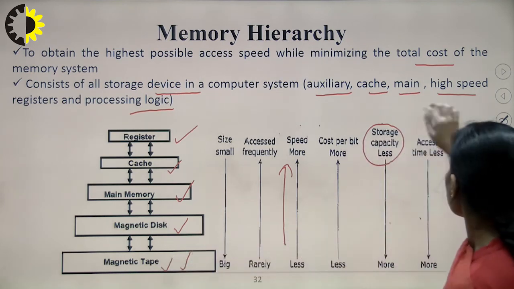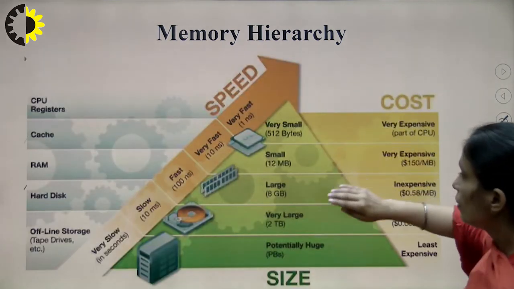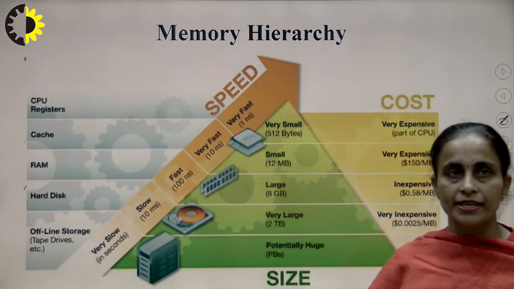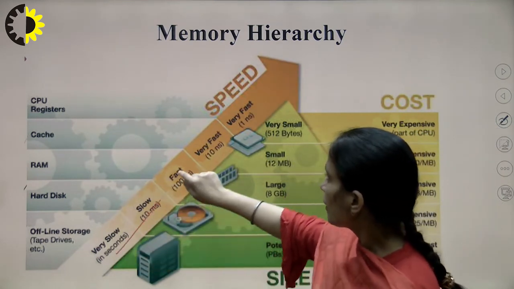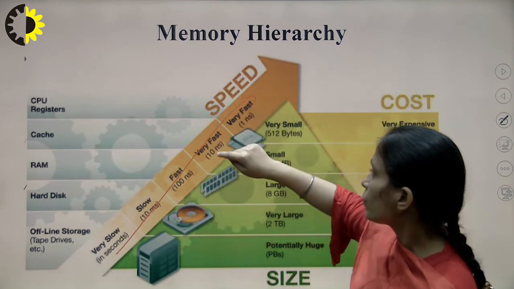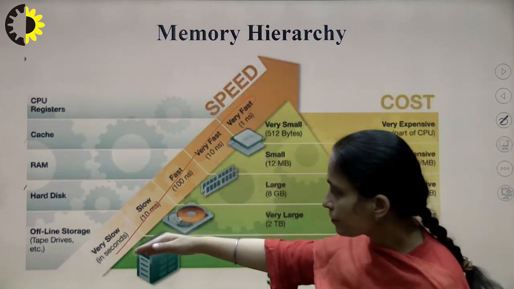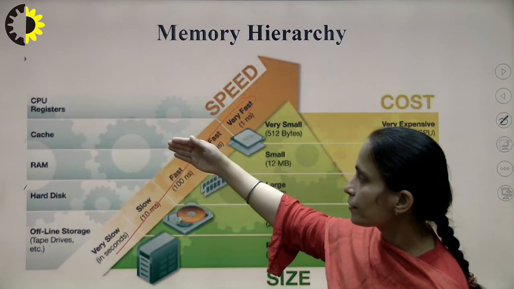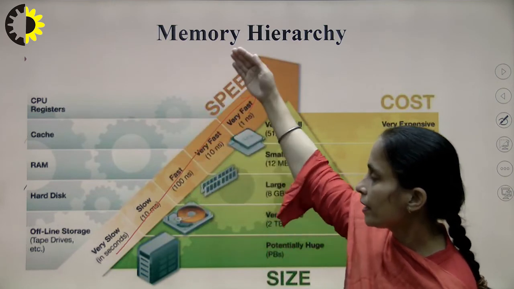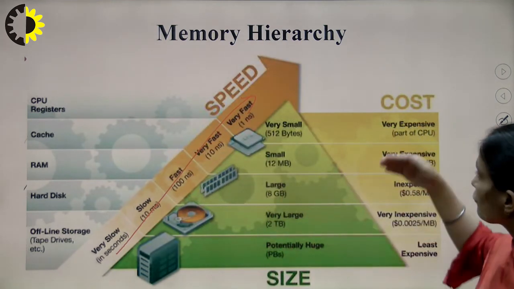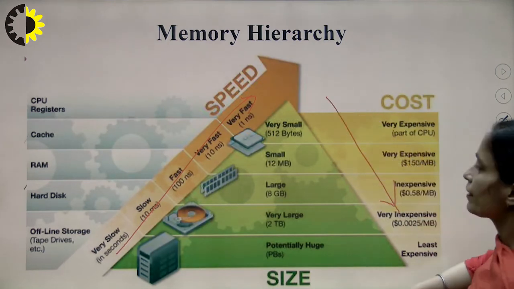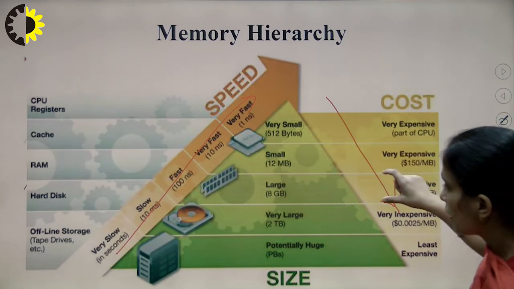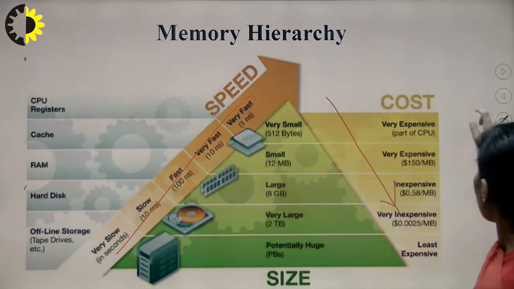So this diagram also represents how, if we want speed, we move from tape drives to hard disks, then RAM, cache, and then registers. And if we have to take care of the cost, then we move in the opposite fashion. So somewhere in between we will make a trade off.